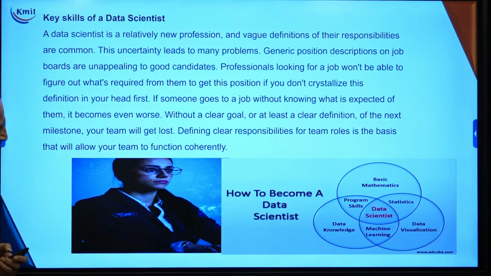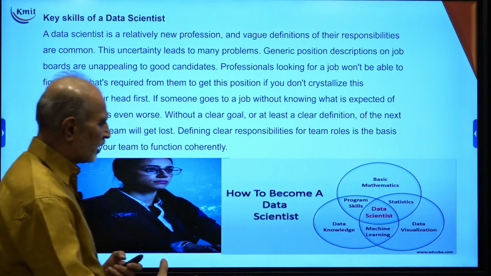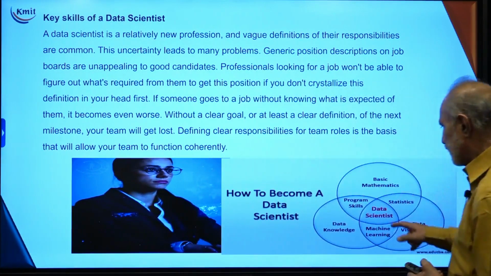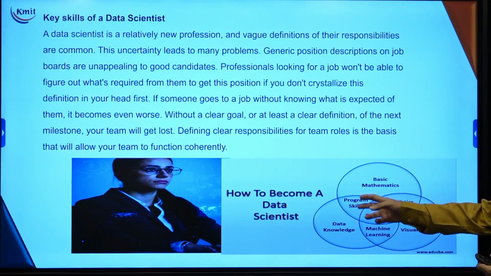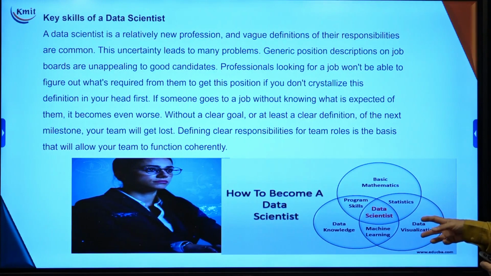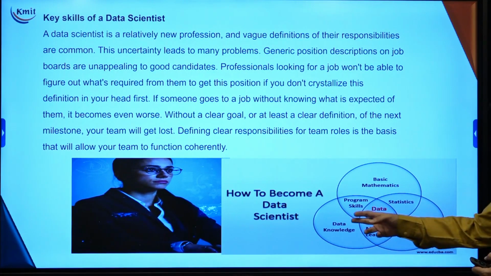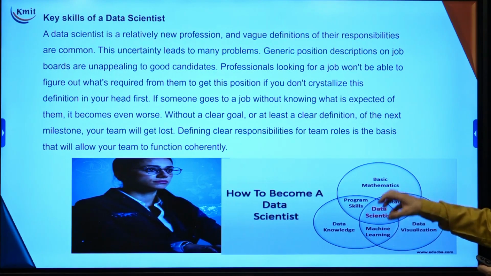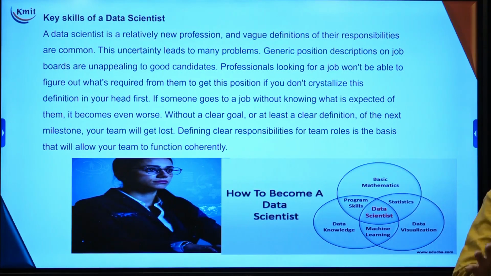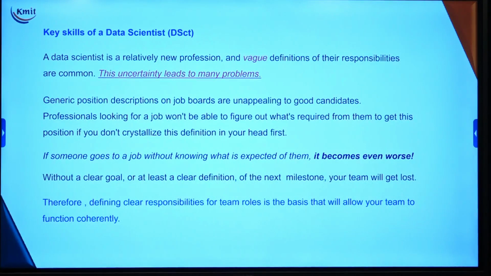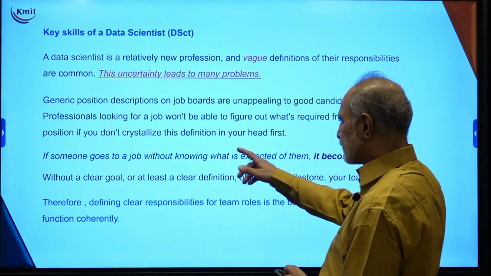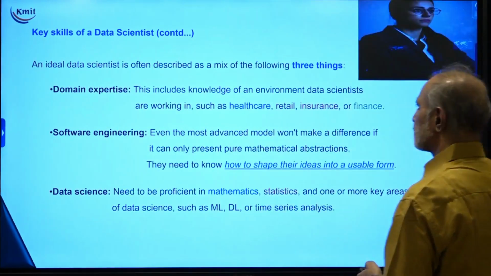So, you can see a person has a natural ability to become a data scientist, in the sense that a data scientist is a mix of mathematics, programming skill, statistical detail, visualization, machine learning, and knowledge management. These are some of the areas where a data scientist needs to be very well proficient. So, looking at this, we can say data science is a relatively new profession, and with generic position requirements a clear definition is not possible.